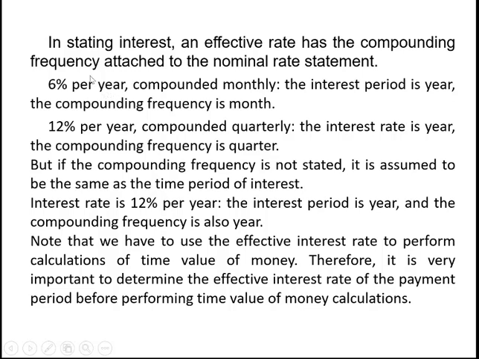So we understand that the interest period is year, but the compounding frequency or the compound period is months. In this statement, 6% per year is the nominal interest rate.